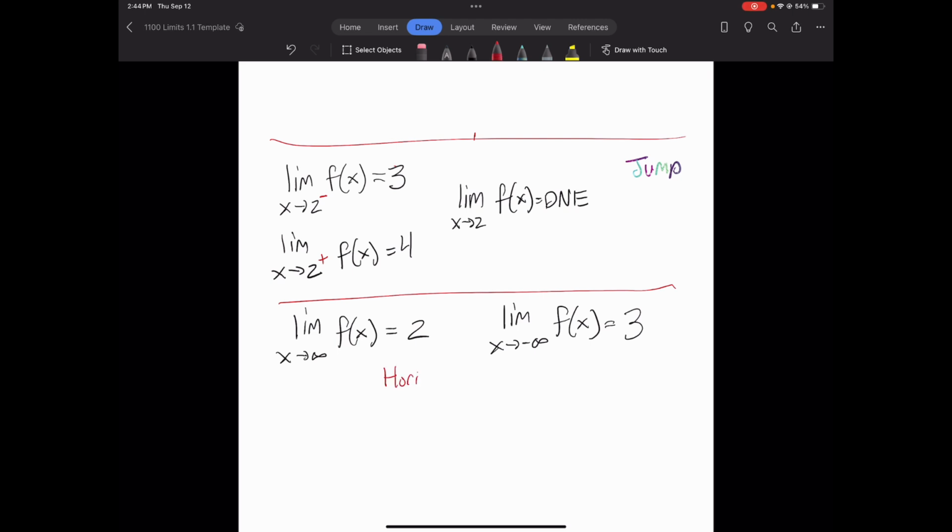You can also call this horizontal asymptotes because your graph is approaching a finite value as I let it go off to infinity. This isn't always going to be the case. There's plenty of functions where if you let x get infinitely large, the y value also gets infinitely large. But some functions will have these horizontal asymptotes and have end behavior that I can look at with limits.